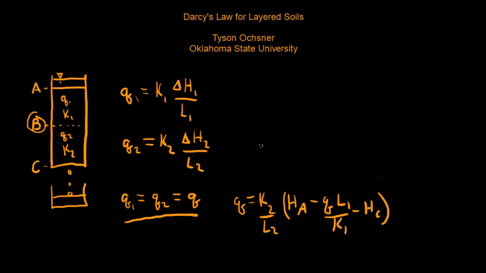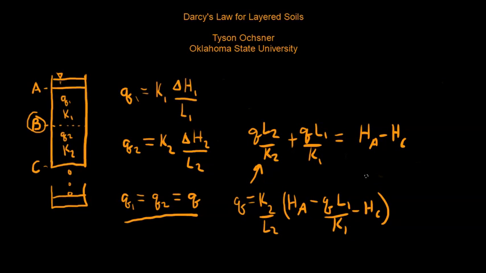Alright, so now just sort of rearranging from here, we can work up the other way. You can see that Q times L2 over K2, and then we can add this term, Q L1 over K1, to both sides, and that just leaves us on the right hand side with HA minus HC.